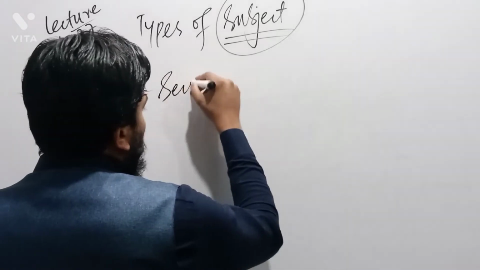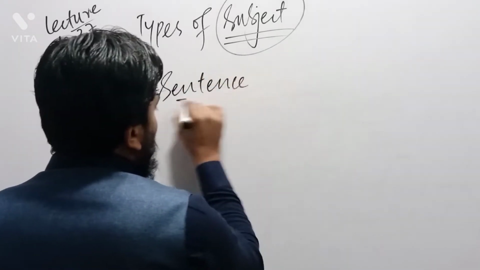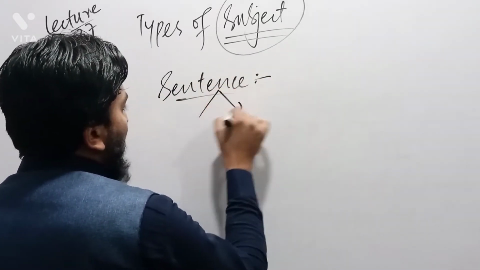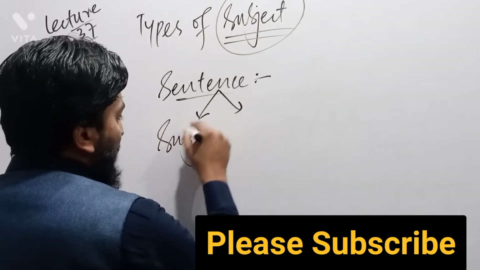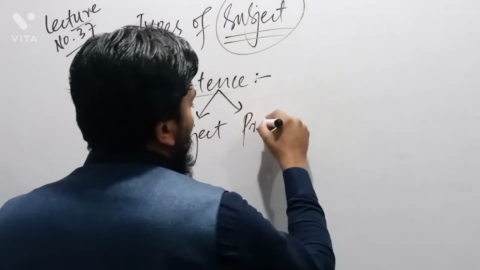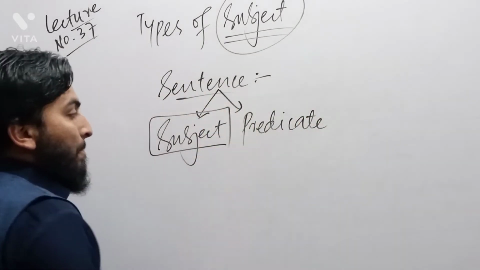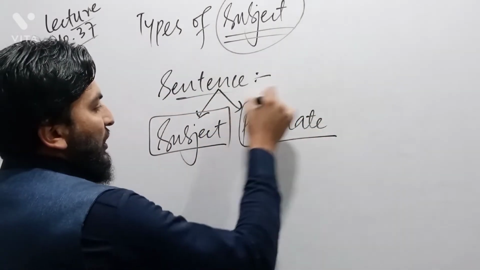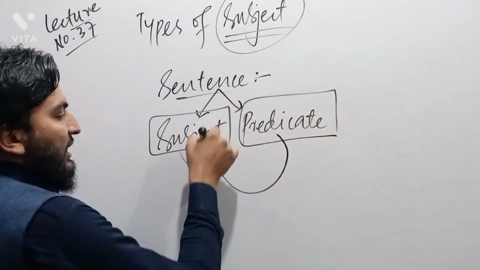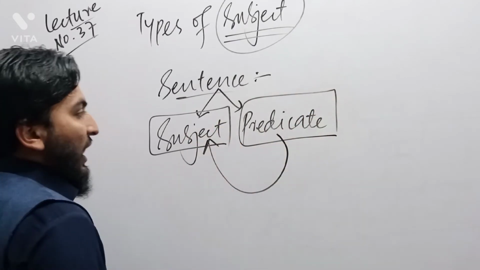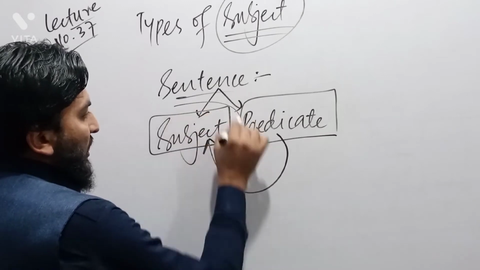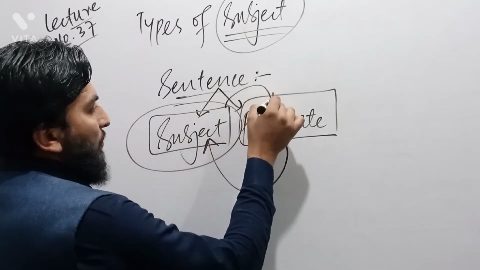For example, this is called a sentence, and in this sentence we have two parts. One is subject and the second one is called predicate. Now subject is that part about which the predicate is written. The predicate is written about the subject, and except the subject, the remaining part is called predicate.